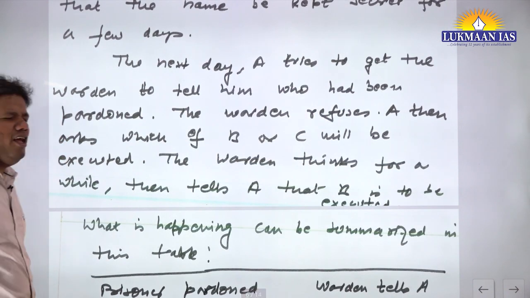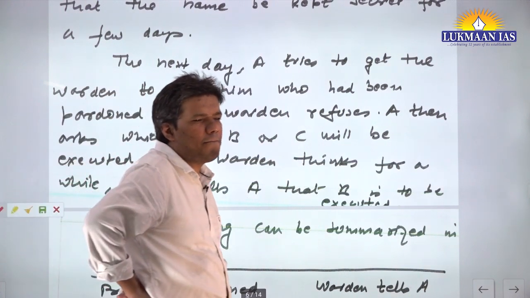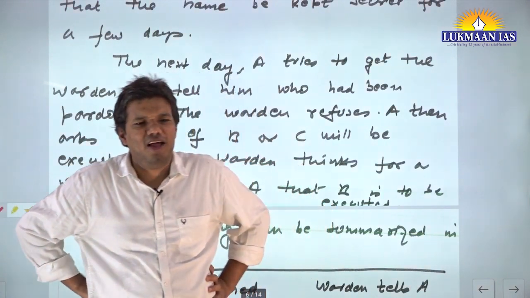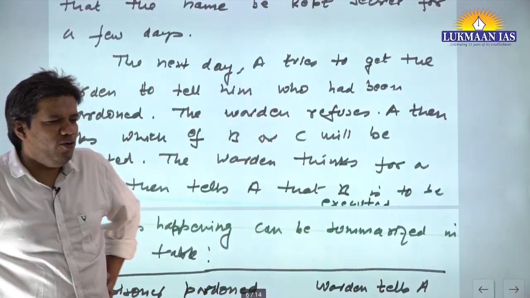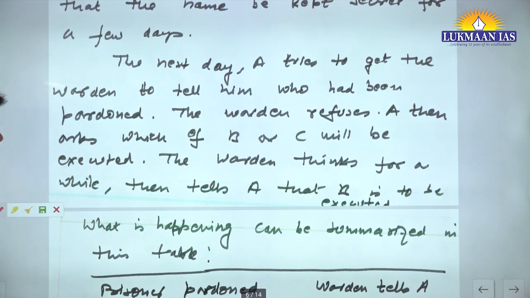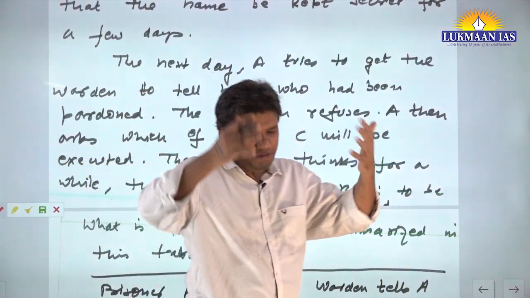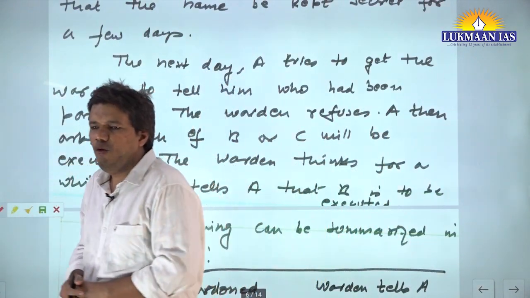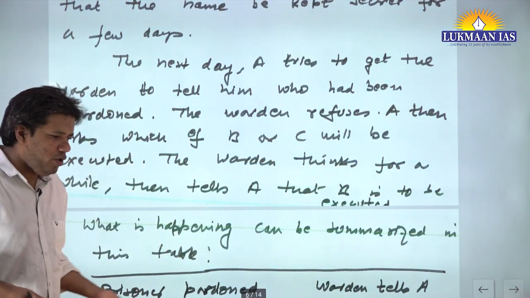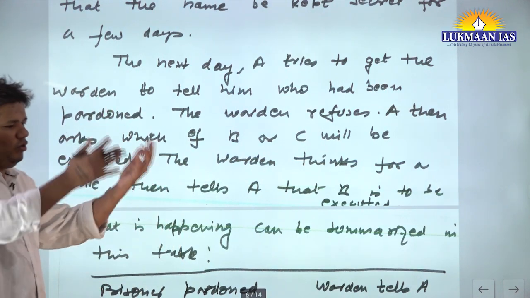Have you read that essay by George Orwell? He had written an essay on the death of a prisoner. A person was about to be executed. He was against capital punishment. What he observed was that the person was about to be executed and was being taken to the gallows.